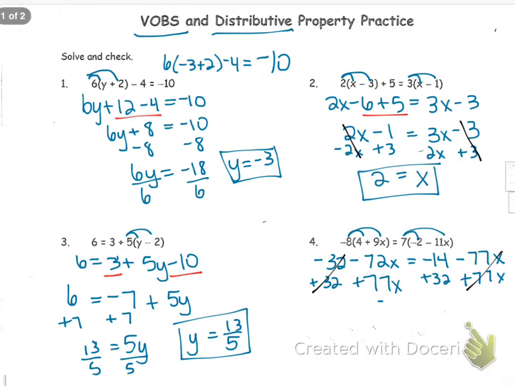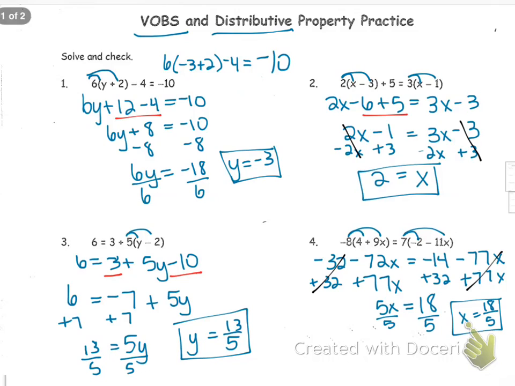Now I'm left with 5x equals negative 14 plus 32, which is 18. So I'll divide both sides by 5 and get x equals 18 fifths.